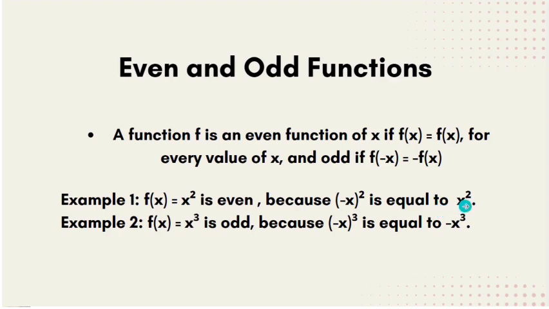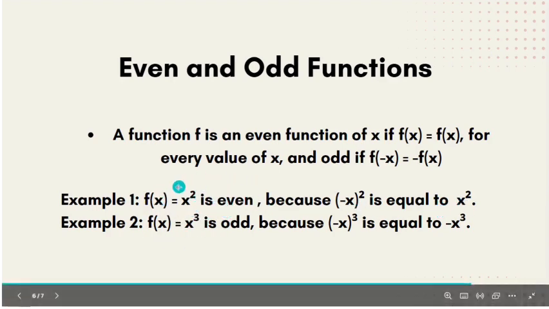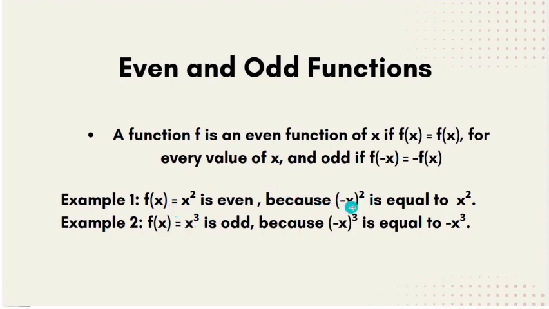As you observe, the original function is x squared, and if we replace it with negative x, the result is x squared. So the answer is the same as the original function. So that is even. Again, it's even if the answer is the same as the original function.